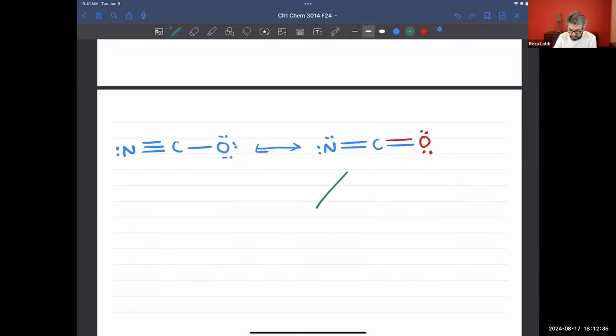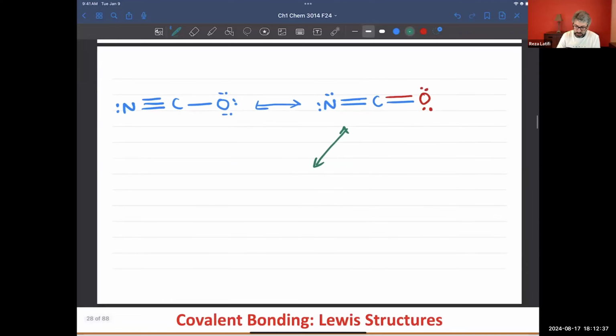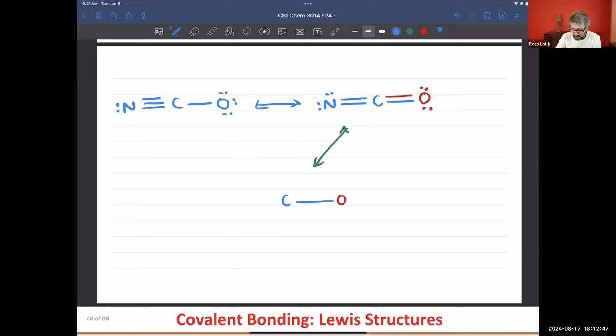This one can be transferred to a structure that has a triple bond between oxygen and carbon. Oxygen has only 1 lone pair, and there is a single bond between carbon and nitrogen. Nitrogen has 3 lone pairs.